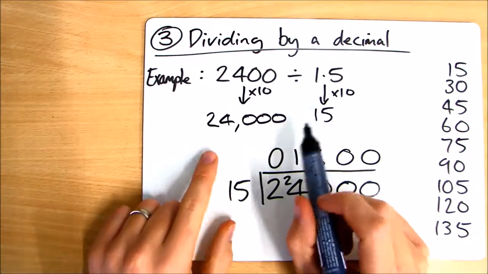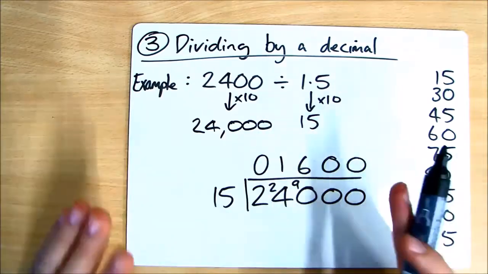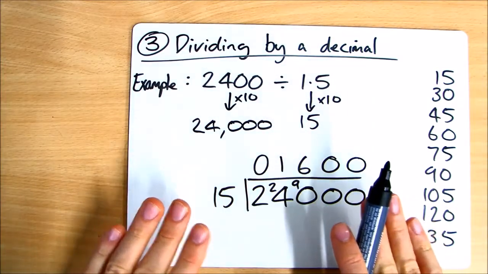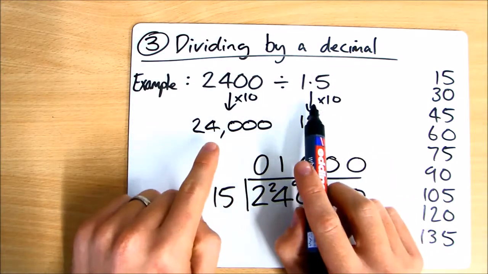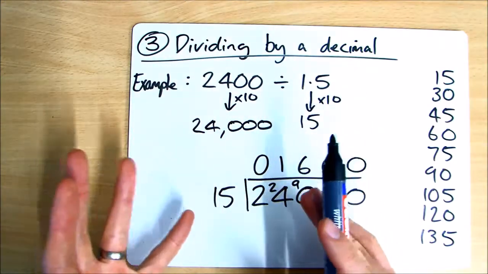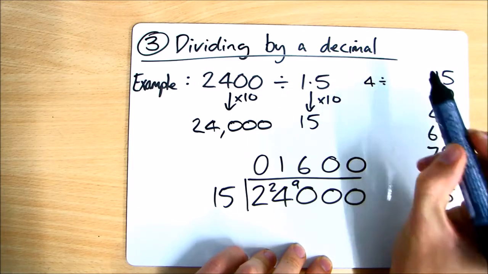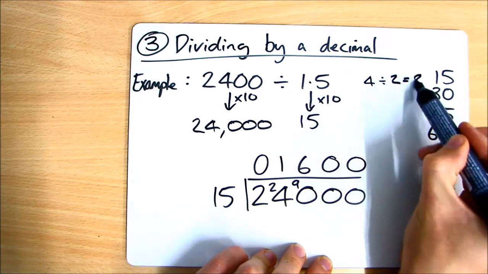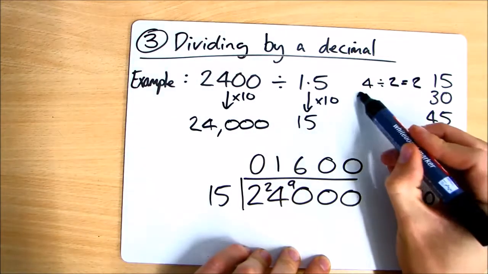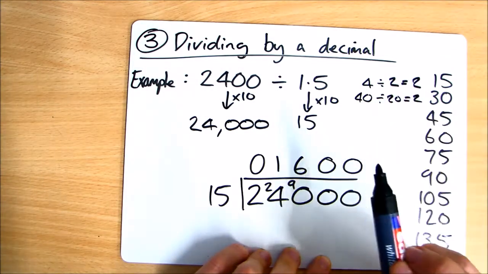Now, as discussed in class, the reason that we don't have to divide by 10 now or times by 10 or do anything to the answer, is because if you times one number by 10 and the other one by 10, if you divide them, it's going to be the same. So, for example, if you do 4 divided by 2, you'll obviously get 2. If you do 40 divided by 20, you'll get 2.